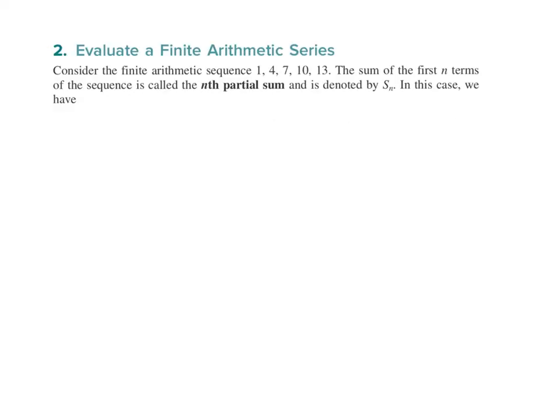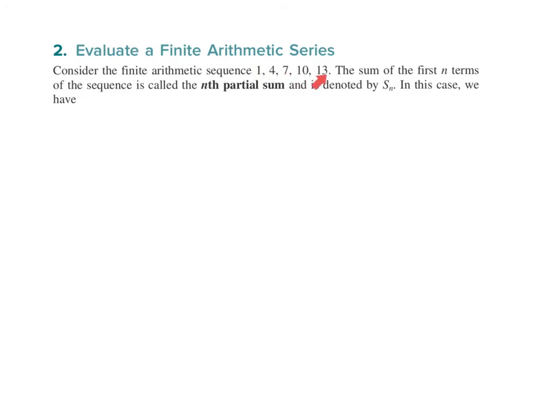All right, so let's talk about series. We talk about evaluating, so finding the answer to a finite arithmetic series. That means there's a specific number of terms. In this particular case, our sequence is 1, 4, 7, 10, 13.